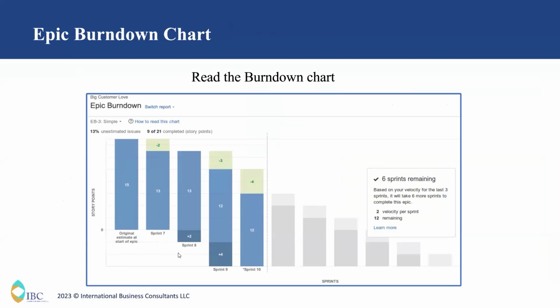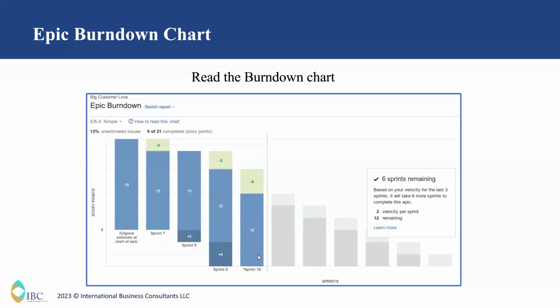If you see in sprint 8, there is new scope, but the team hasn't progressed any story points. So there are again 15 items now. In sprint 9, the team completed 3 story points and 4 more scope is added. By sprint 10, the star here represents the current open sprint.